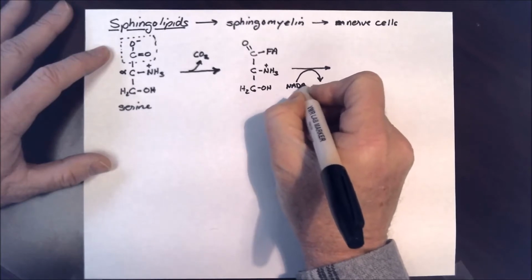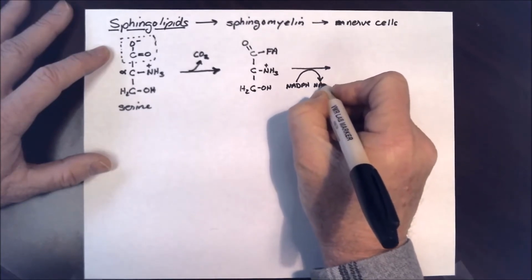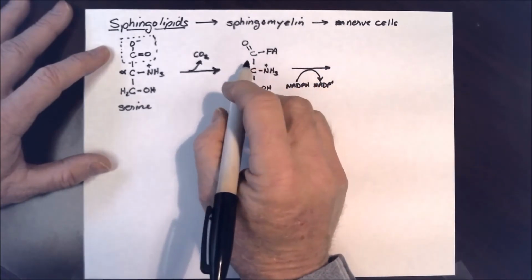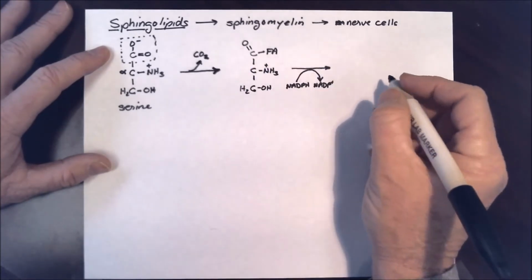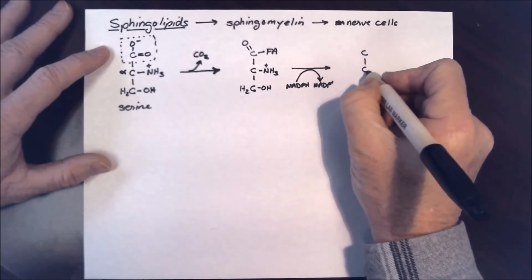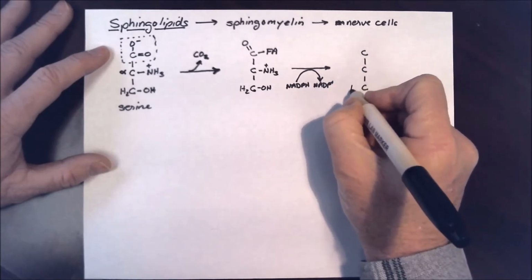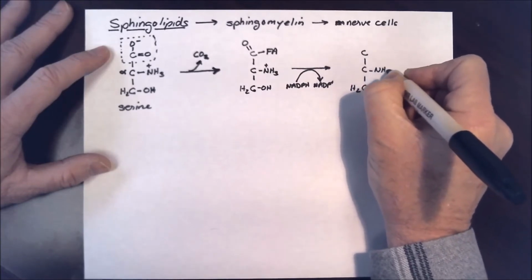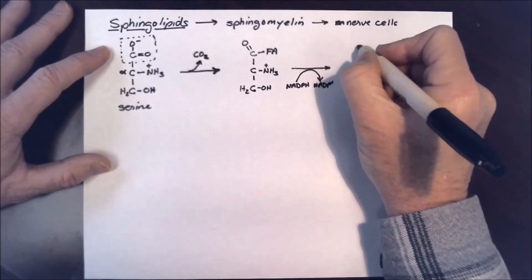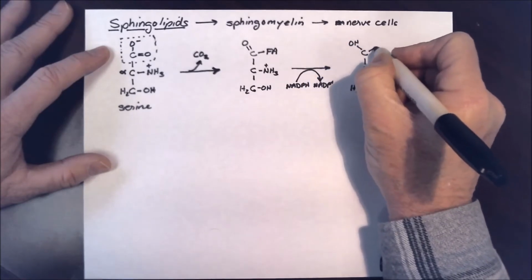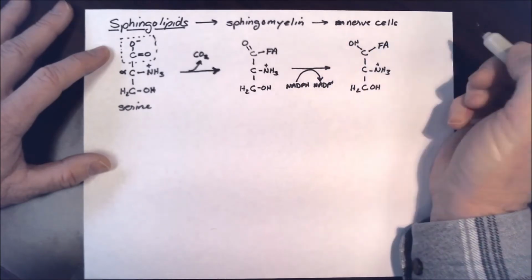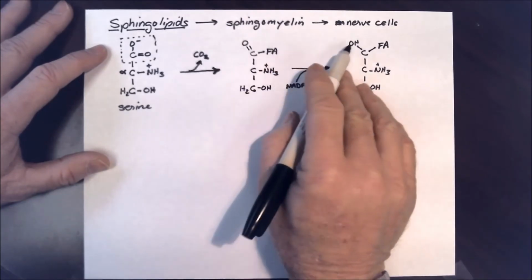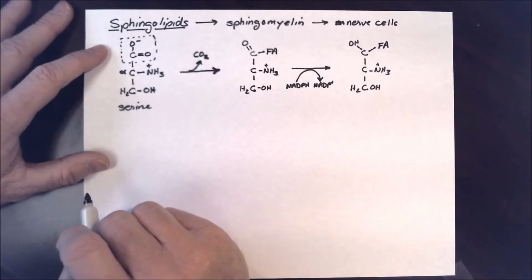Now the next step of this reaction is a redox reaction, and we are going to be using NADPH, converting to NADP. And what we are reducing is this carbonyl structure. And of course, reducing the carbonyl, we're going to convert it to an alcohol.